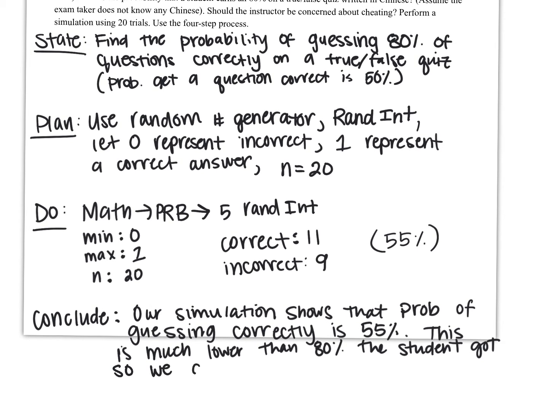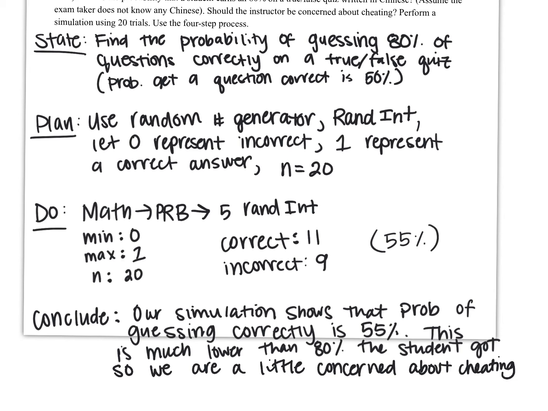So we are a little concerned about cheating. I mean, 55 is just about 5 questions off from getting an 80, considering a 16 out of 20 is an 80.